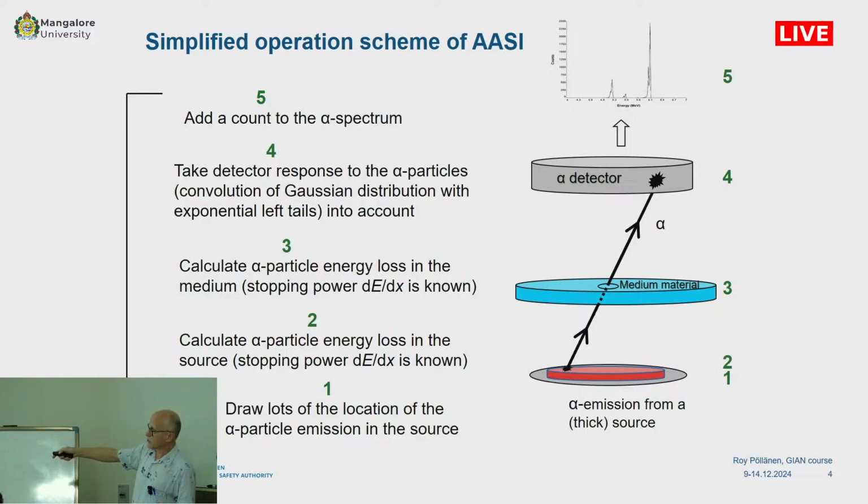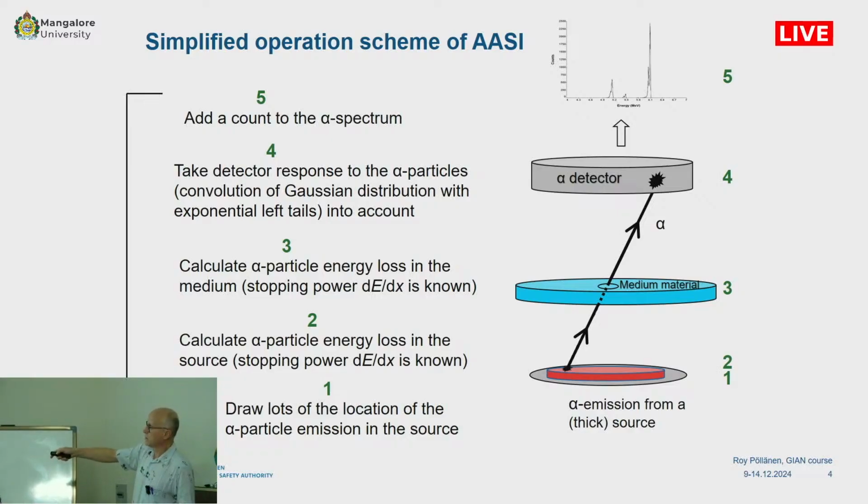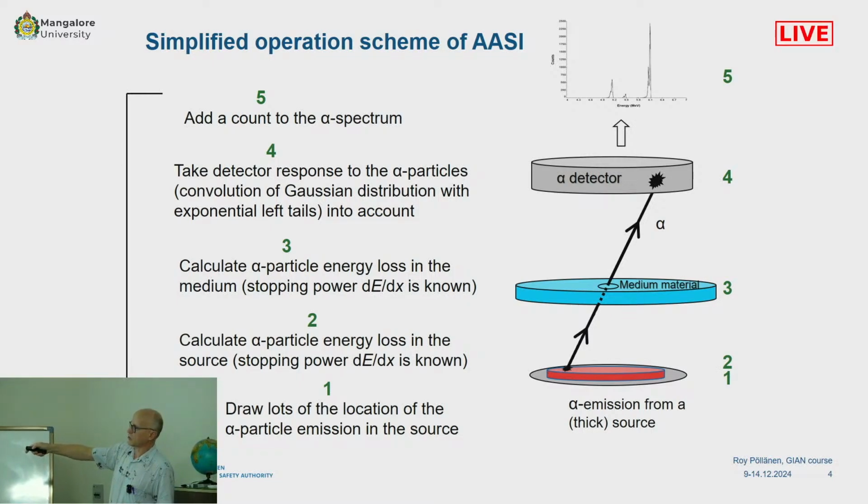Then the software calculates energy loss in the source, if the source is thick. If the source is thin, there is no energy loss. Very easy, basically. Then if there is some material, then we calculate alpha particle energy loss in the medium. Of course, we have to know the stopping power.